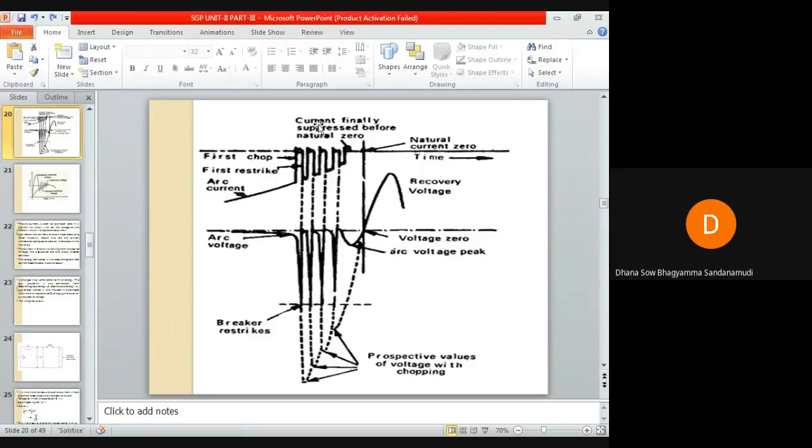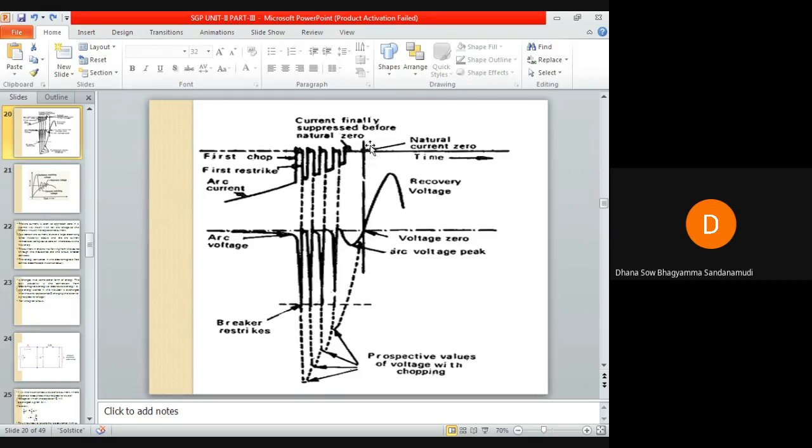Third time again, the arc will restrike because of this prospective voltage. This is the prospective voltage that is appearing across the circuit breaker contacts. Again the arc will restrike, and this process will repeat till the current is finally suppressed before its natural zero.